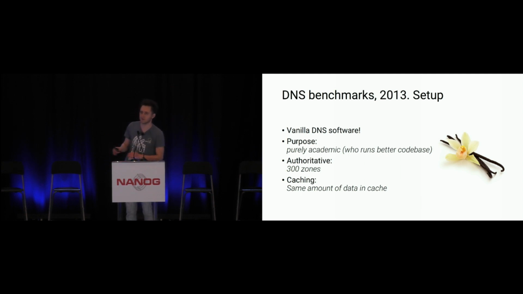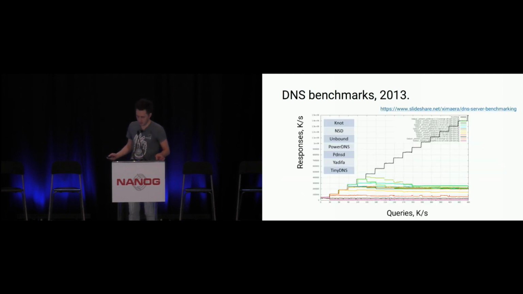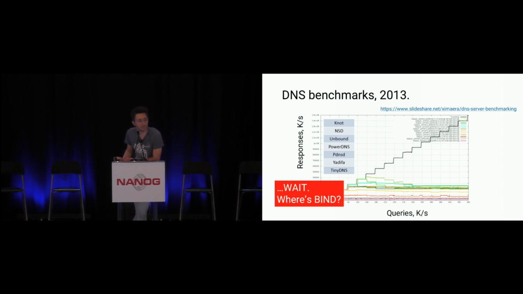So this is why we mixed authoritative servers with recursive ones. For the authoritative servers, we generated 300 zones for testing purposes. And for caching resolvers, we kept pretty much the same amount of data in warm cache. We did our benchmarks, we got our results. I'm referring to our previous 5-year-old presentation for details. Here is a link on the slide. And when we shared that, the question everyone kept asking us was, guys, where's BIND?